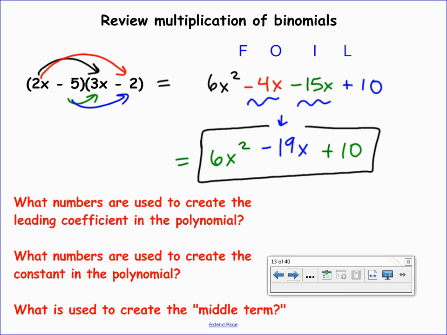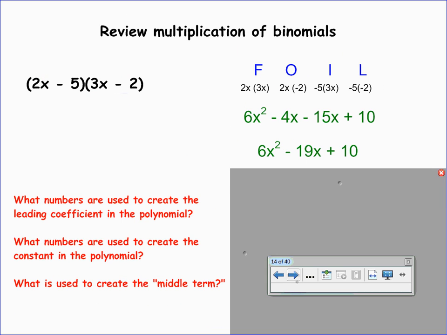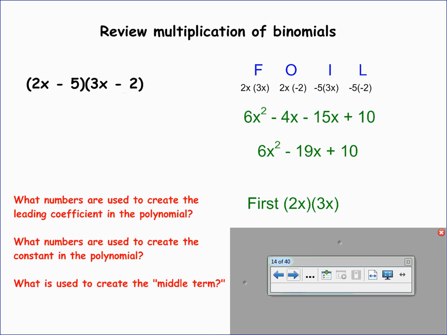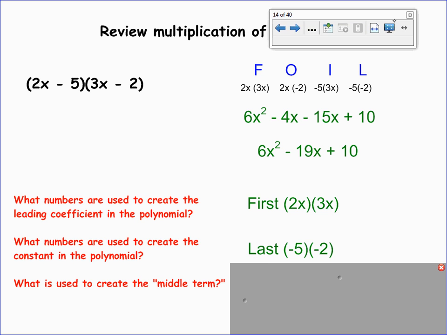So what numbers were used to create the leading coefficient? Well, that came from my first, 2x times 3x. What numbers were used to create the constant in my polynomial? Well, that came from the last, and so that was negative 5 times negative 2.